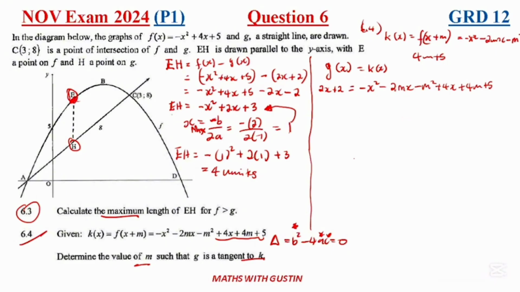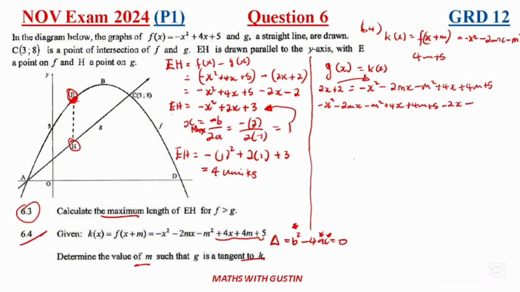So what we can do now is rearrange this whole thing. Take this g of x to the other side, then we can rearrange the whole equation. So I'm going to have minus x squared minus 2mx minus m squared plus 4x plus 4m plus 5 minus 2x.